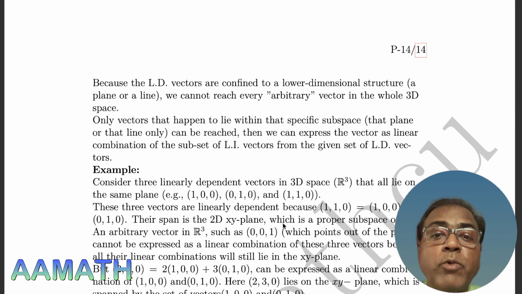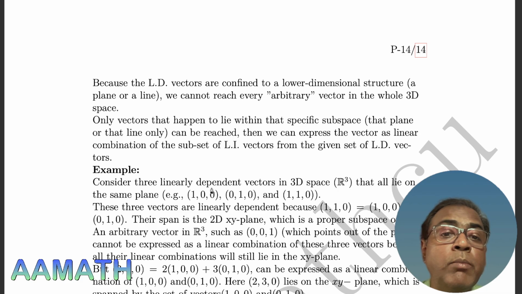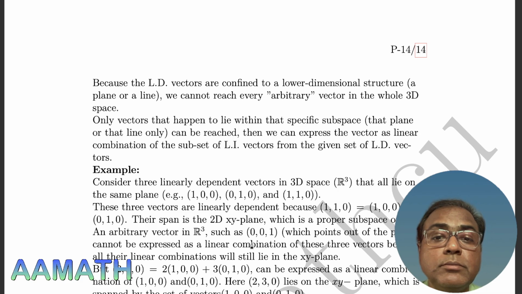So the point (0, 0, 1) cannot be expressed as a linear combination of (1, 0, 0) and (0, 1, 0), because this point does not lie on the xy plane. The xy plane is the linear span of the vectors generated by (1, 0, 0) and (0, 1, 0).